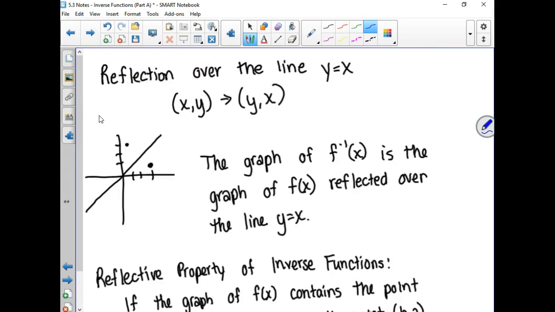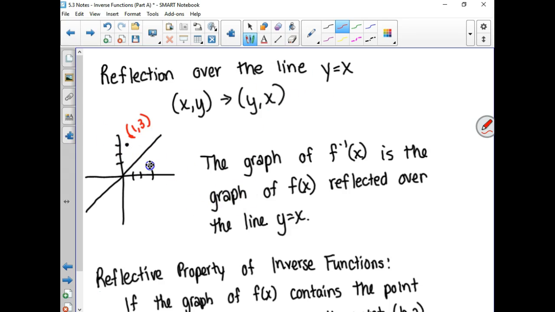One other thing about inverses. If we reflect something over the line y equals x, then its coordinates change places. So, for example, here, I have the point 1, 3. If I flip it over the line y equals x, I think I said x-axis earlier, I meant y equals x.